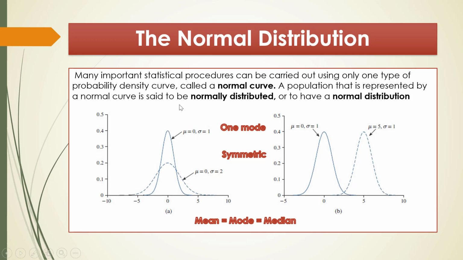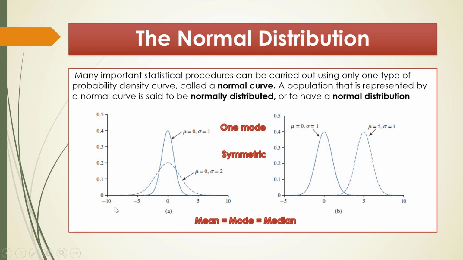And if you look at the picture, you see that some normal curves are tall, some are flat, some are centered at 0, some are centered at different values. So basically the shape of the normal curve depends on 2 factors, the location and the spread.